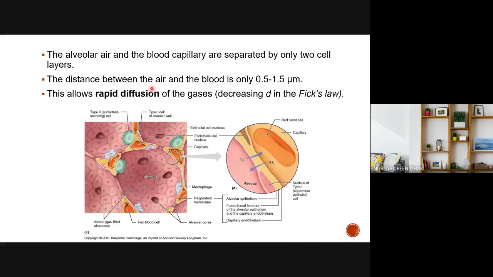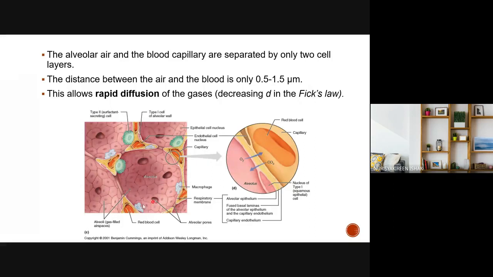So the distance between the air and the blood is only 0.5 to 1.5 micrometer. Okay. So this allows rapid diffusion of gases, so decreasing D in the Fick's law. So distance reduce, R increase. Okay, rate of diffusion increase.